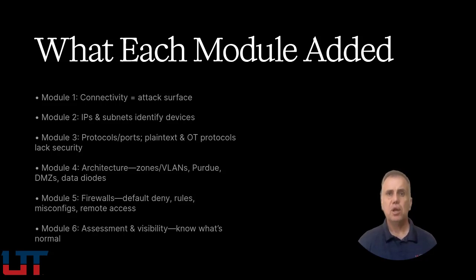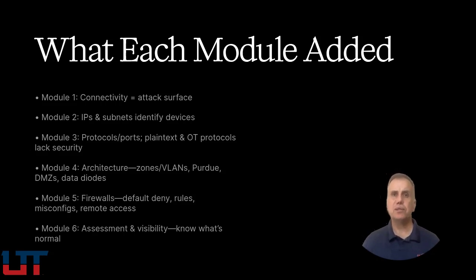In Module 4, we covered the architecture of an OT network. We used VLANs to create zones. We talked about the Purdue model to provide a common vocabulary for those zones, and DMZs to buffer OT from IT. We also discussed data diodes for environments requiring absolute one-way enforcement, and segmentation failures that undermine the architecture in practice.